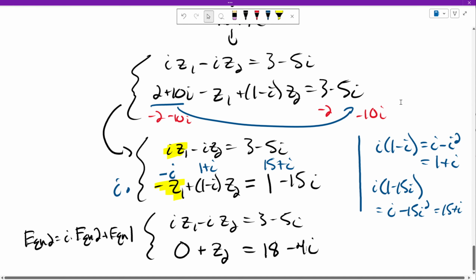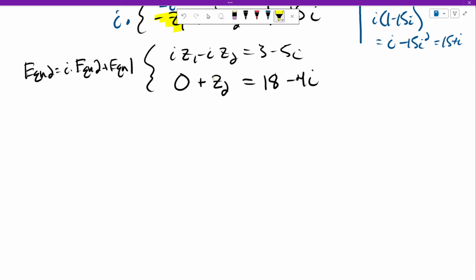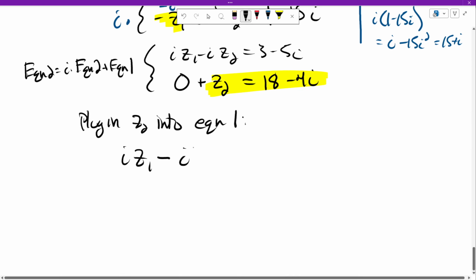Let's scroll down a bit now. So now what we have is actually a number for z2. z2 is that. So what we're going to do now is just plug z2 into equation 1. We have iz1 minus i times z2, where z2 is 18 minus 4i, and that should be 3 minus 5i. And so let's multiply negative i in.